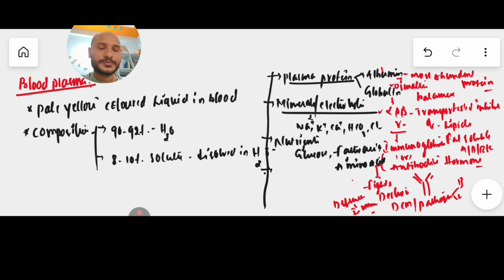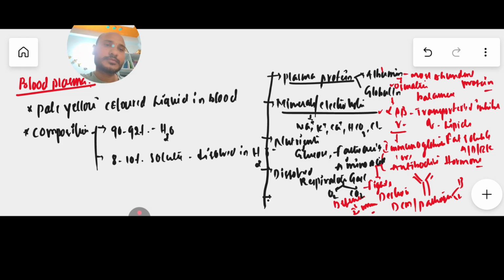In blood plasma, dissolved respiratory gases are also present, like oxygen and carbon dioxide.